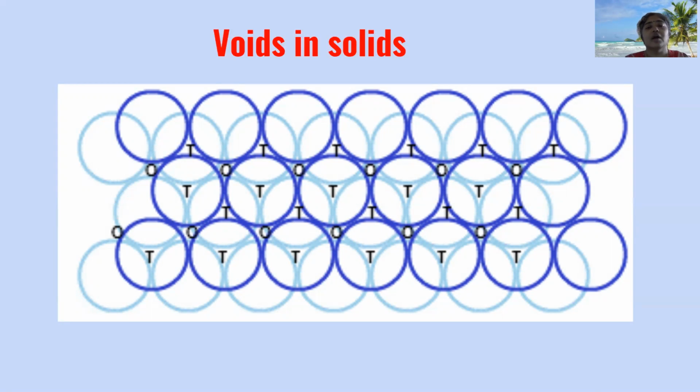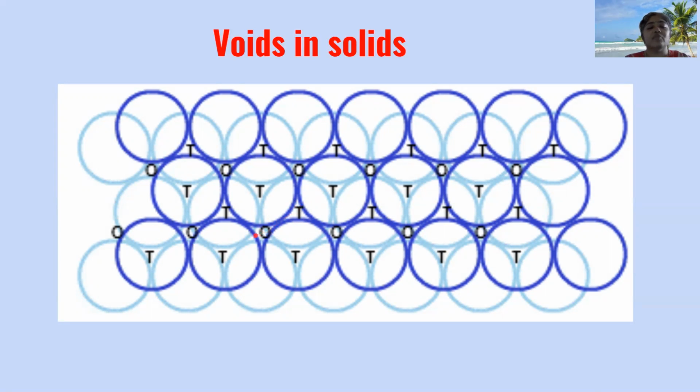6 atoms. Now, the names tetrahedral and octahedral have been given because when you take the centers of the atoms that are arranged and join the centers, you will see a tetrahedral geometry, and that is why it is called a tetrahedral void.